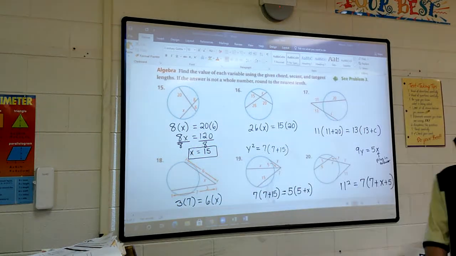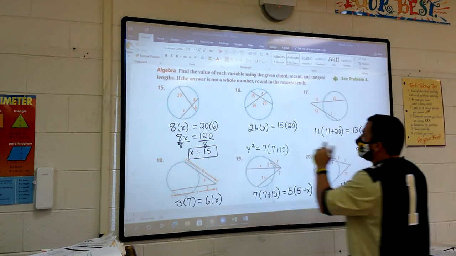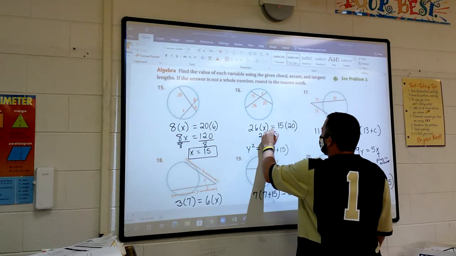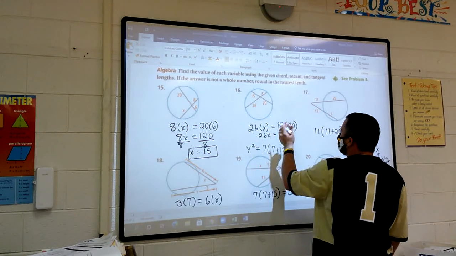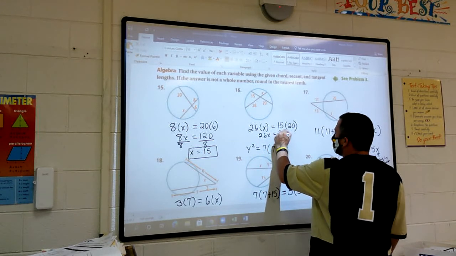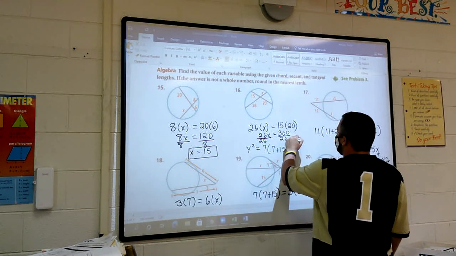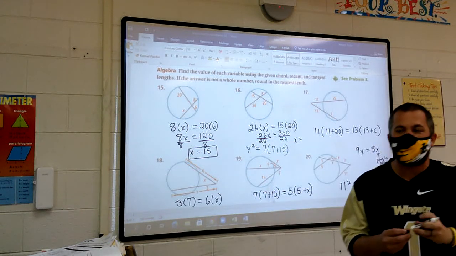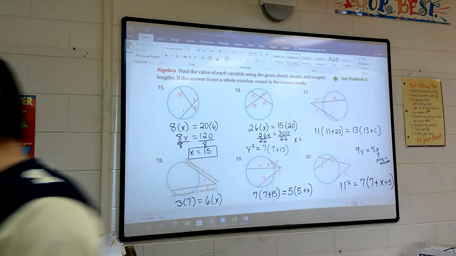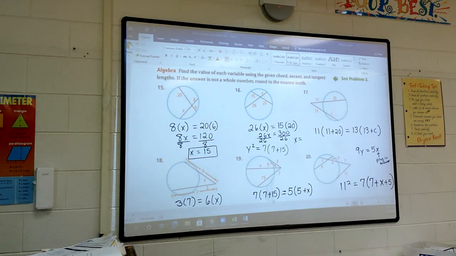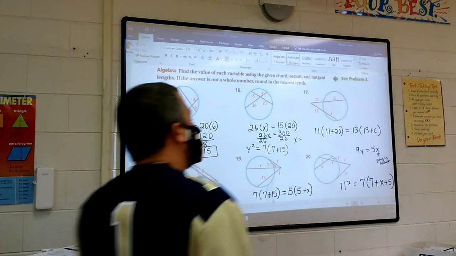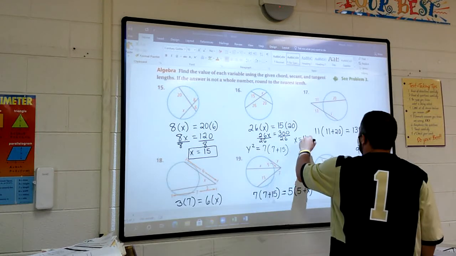Okay, in number 16, we say 26x is equal to 15 times 20 is 300. We're going to divide by 26. So we're not going to get a whole number there because we're taking 300 and dividing it by 26. So we get 11.5 if we round it to that one decimal place.